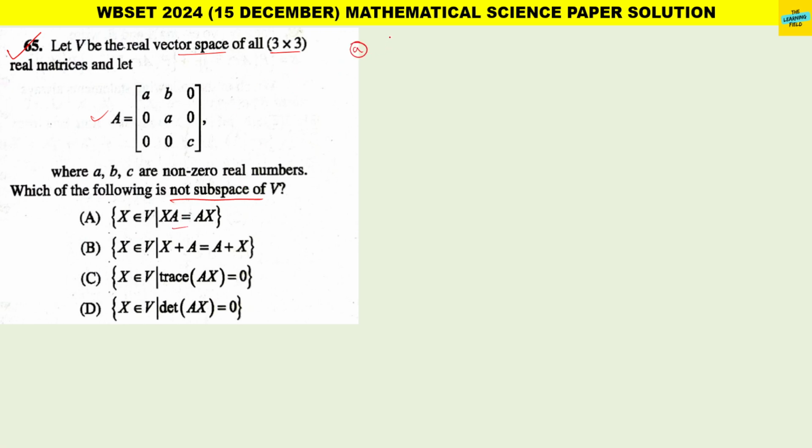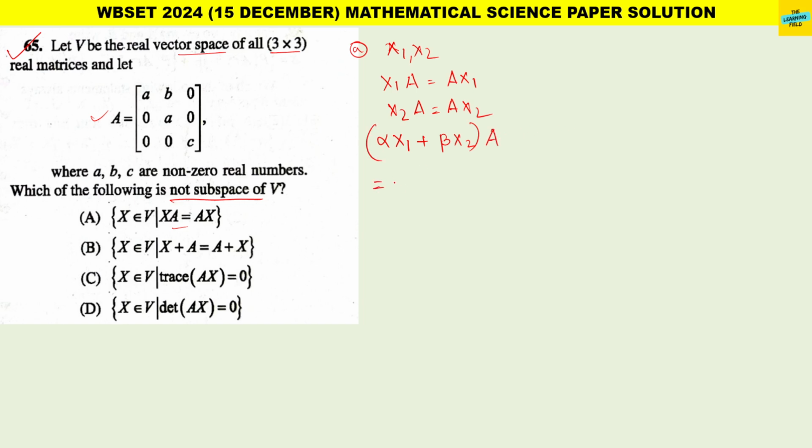Suppose x1 and x2 be two vectors. Then x1 A is equal to A x1, and again x2 A is equal to A x2. Now we check their linear combination, that is (alpha x1 plus beta x2) into A. Is this equal to A into this or not?